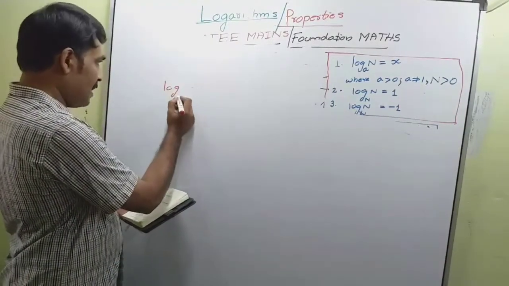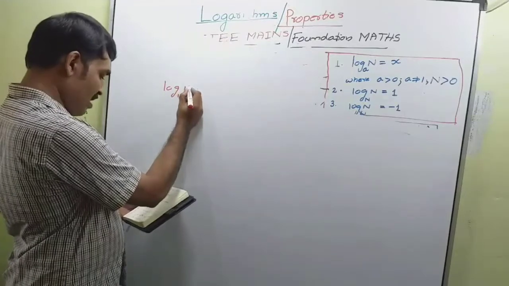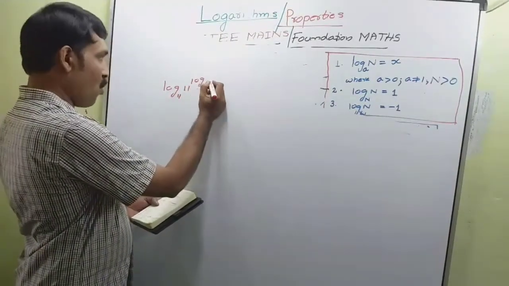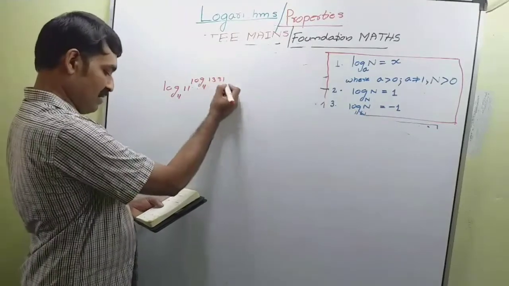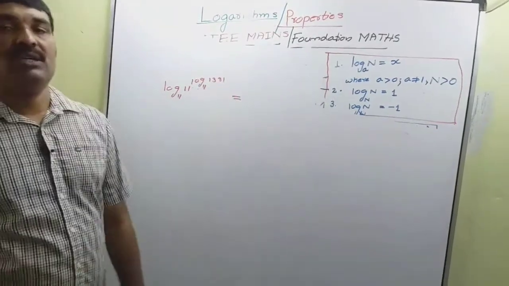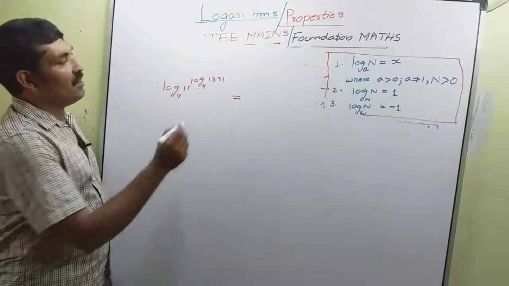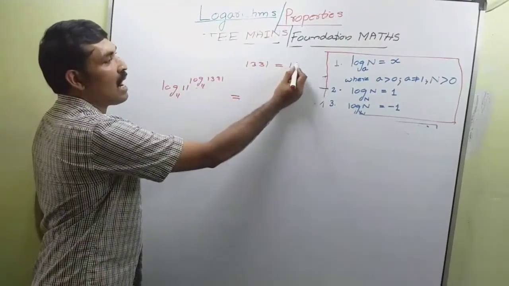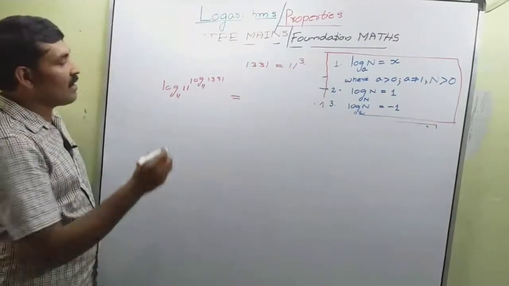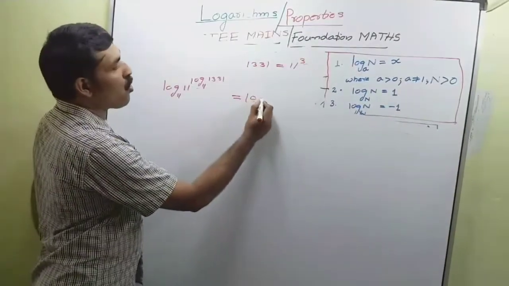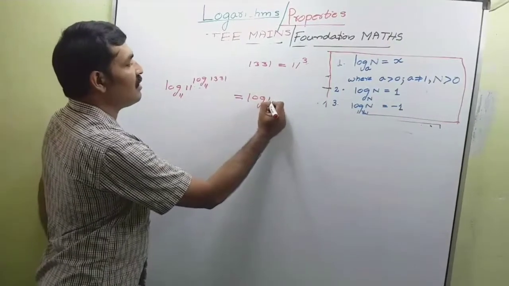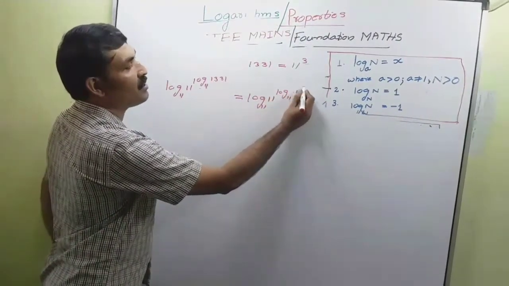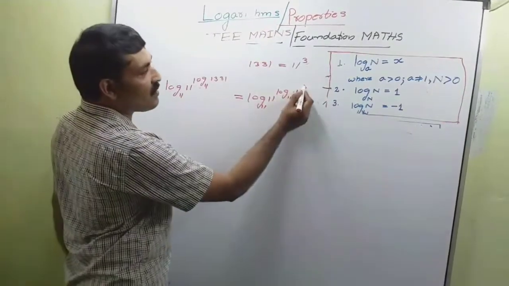Log base 11 raised to log 1331 base 11, this is equal to question. Okay. Now 1331 is equal to 11 cube. So we can write this as log base 11 raised to log, here base 11, 11 cube. This 3 will jump here.